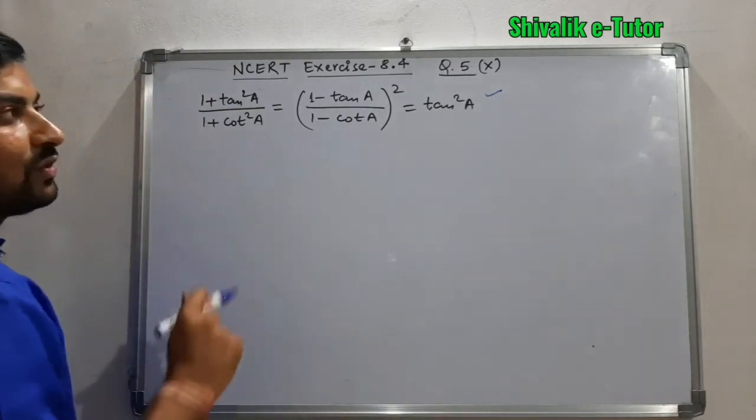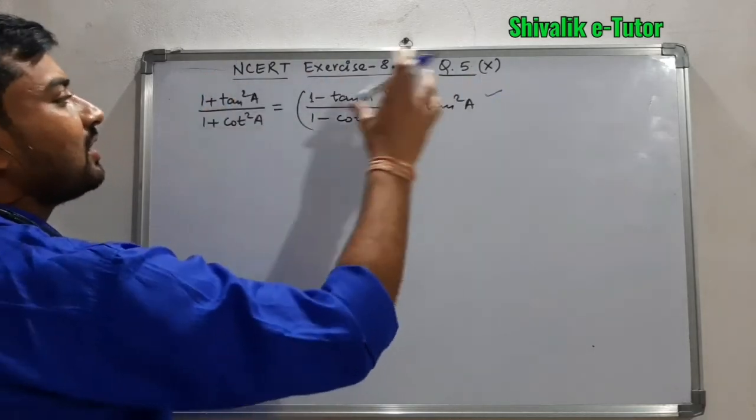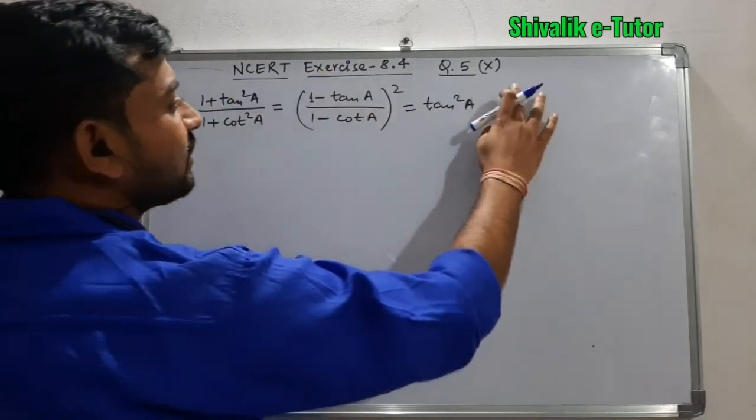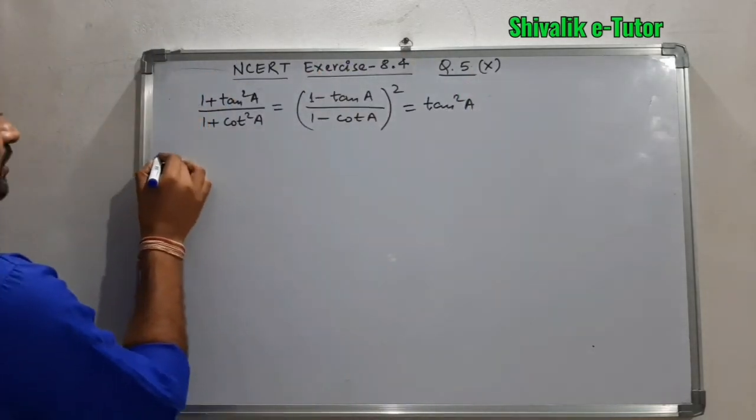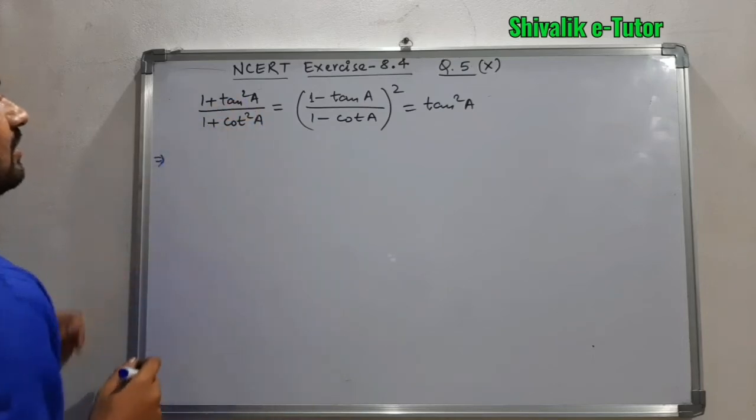So we have two questions in it. We have to prove the first one equals the third and the second one equals the third. So if we consider one by one, suppose I consider this one.